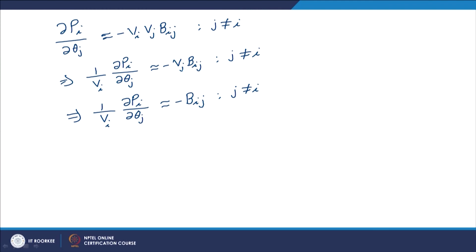But if we apply this assumption at the left hand side also, it will actually increase the error in our calculation, because after all, these bus voltage magnitudes being equal to 1 is just an assumption. When we invoke this assumption at the right hand side, we are already incurring some amount of computational error just to make it constant.